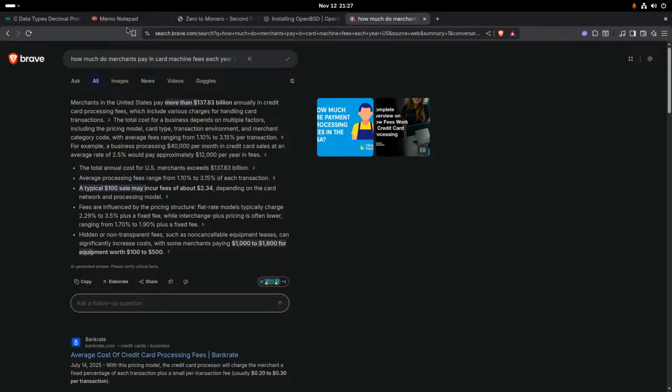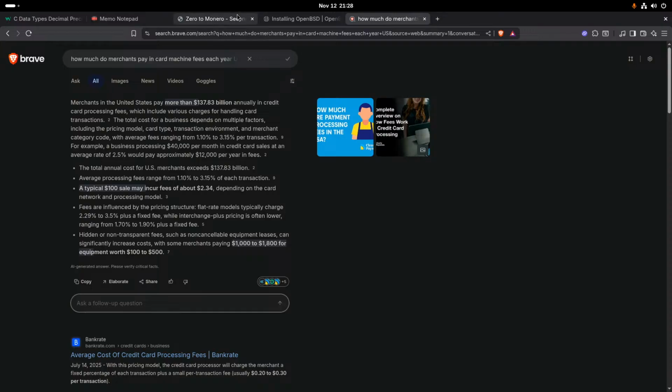So let's say that's crazy. $12,000 a year in fees when you could just accept cash. But you're turning away, I mean, I don't know.